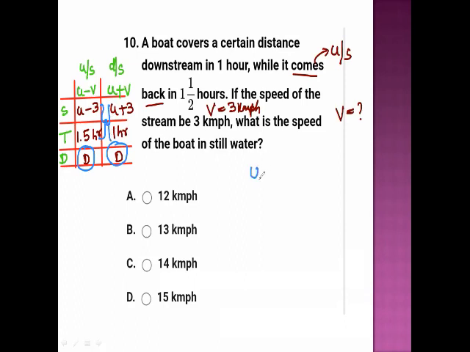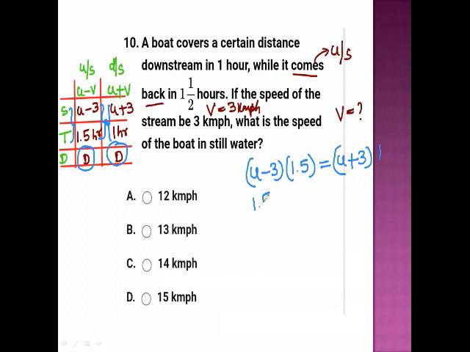So therefore I write u minus 3, because distance is equal to speed into time. So what is the distance here? Distance is equal to speed into time, that is u minus 3 into 1.5, which should be equal to the same distance, u plus 3 into 1.